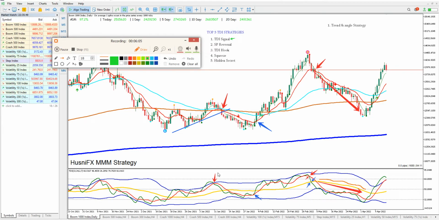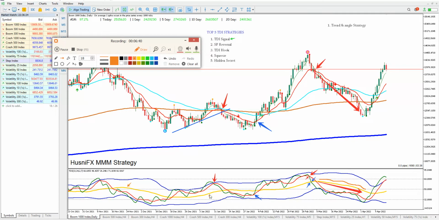And it's very clear. So the second option of the TDI signal is at the crossover. Always look for a strong angle. It means you have to look in the direction of the overall trend, and to see that you have to look at the yellow moving average.